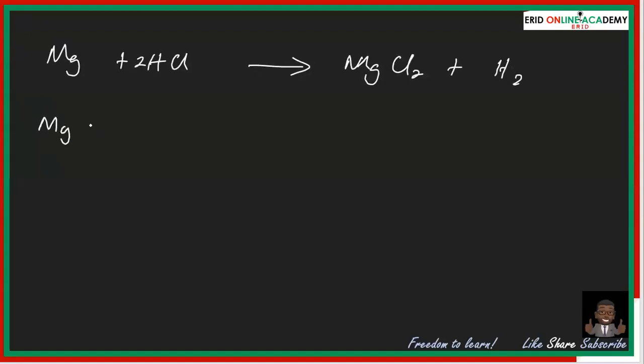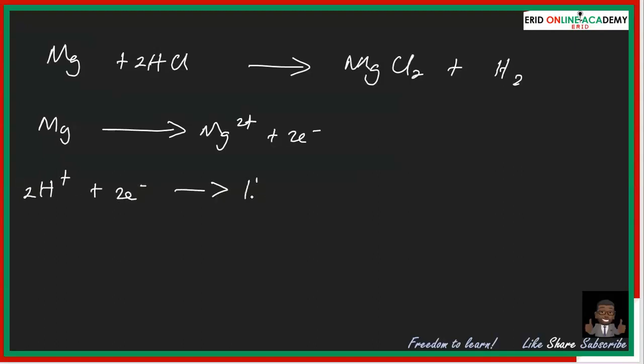We said magnesium formed magnesium 2 plus. We said that your hydrogen ions gain 2 electrons to form hydrogen. So we said this is the oxidation half equation, while this is the reduction half equation.